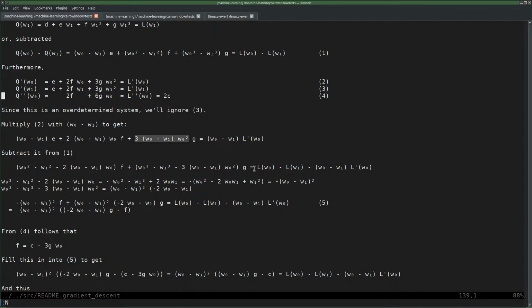And then we get this, which is this part, minus this. Looks okay to me.